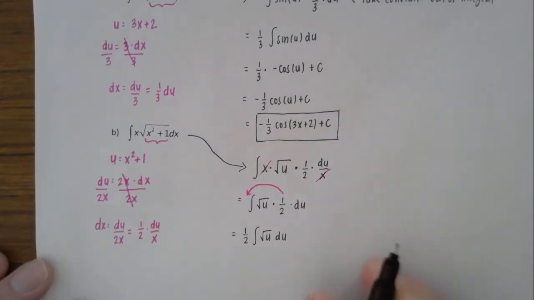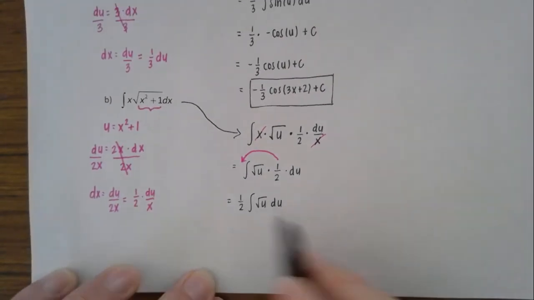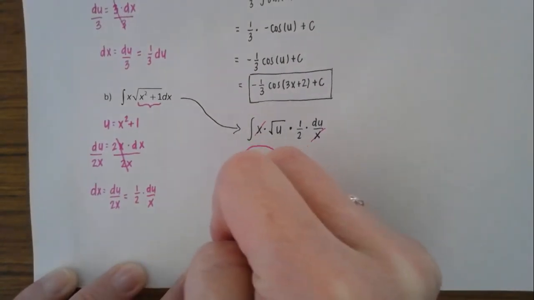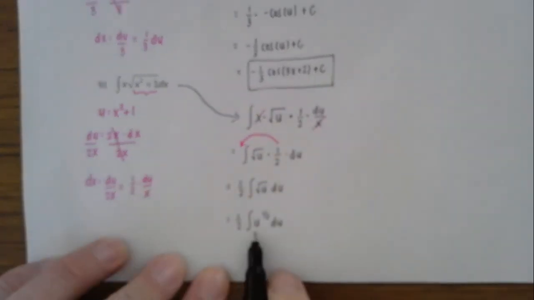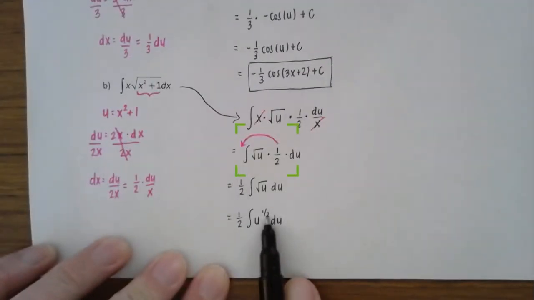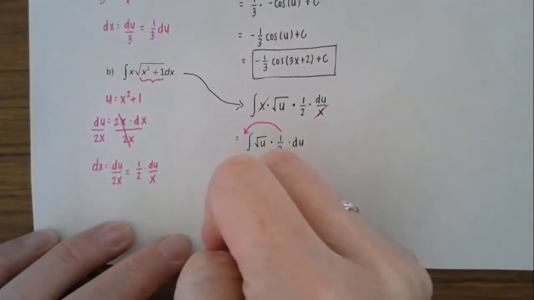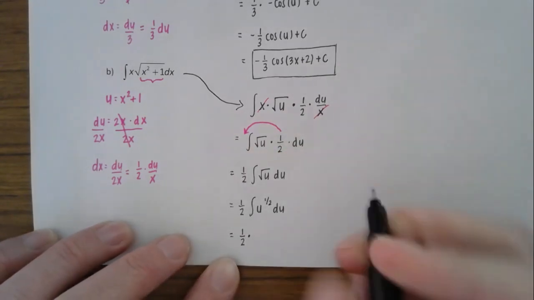And this is something that we're going to be able to work with because we can, remember, write this square root of u as a fractional exponent. And just using the power rule, we're going to be able to take the antiderivative of u to the 1/2. So I'm going to go ahead and do that. So I'm going to pull down the 1/2, take the antiderivative of u to the 1/2.